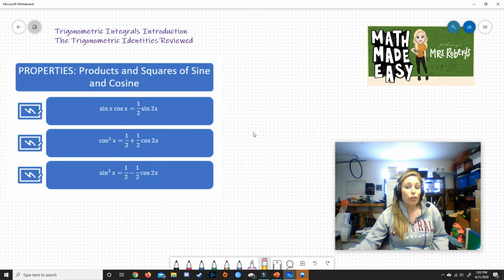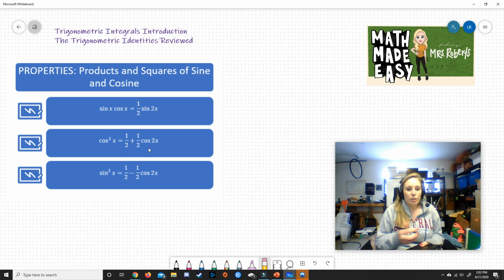These are really good to know, to have kind of at the back of your mind that these exist. When you multiply sine and cosine together, you get 1/2 sine 2x. So that's really good to know. The next one, which is actually derived from a half angle identity, is that cosine squared of x equals 1/2 plus 1/2 cosine of 2x.